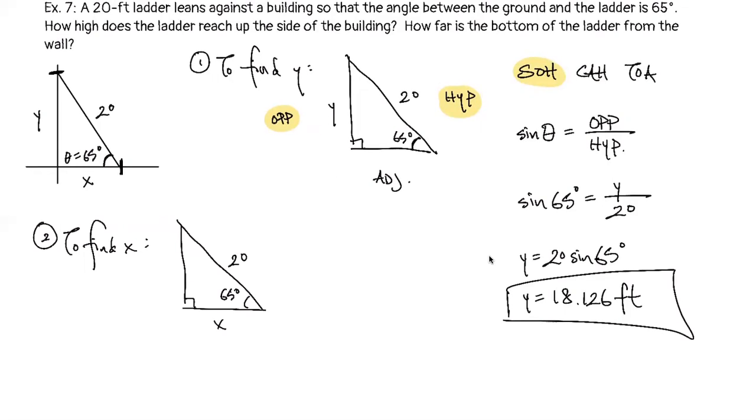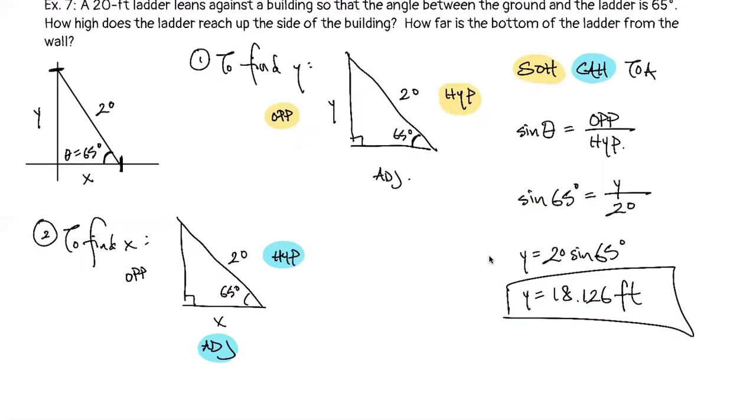We have opposite, hypotenuse, and adjacent. This time I have the hypotenuse and I want to find the adjacent. So I should probably choose cosine, because cosine deals with the ratio between the adjacent and the hypotenuse.